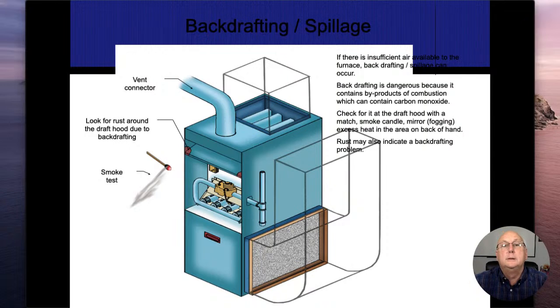Those are also other signs of backdrafting. Typically, you're going to end up seeing rust, and I know I got a picture, rust and scorching on the draft hood here. So just different clues. All right.